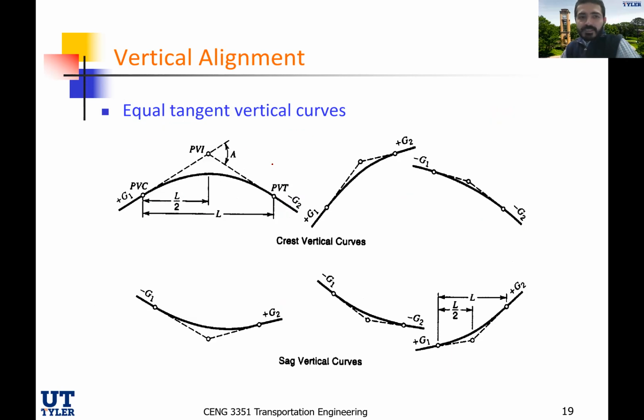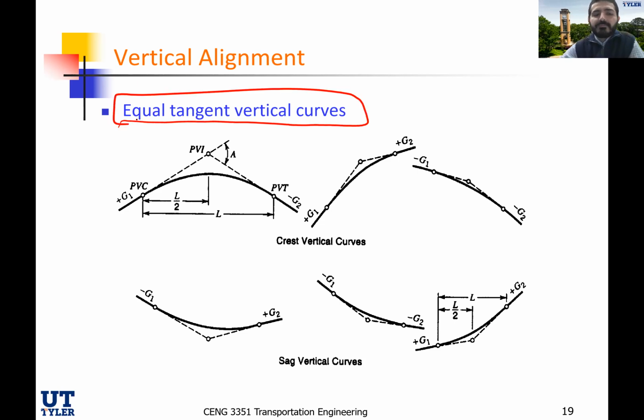All right. Let's now go to the really the meat of the presentation for today: the vertical alignment. Vertical alignment is going upward and downward. Remember, vertical alignment is the profile of the roadway. Most of the time, in real life, we design equal tangent vertical curves. What does that mean?